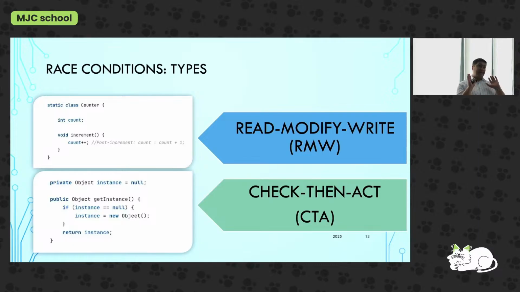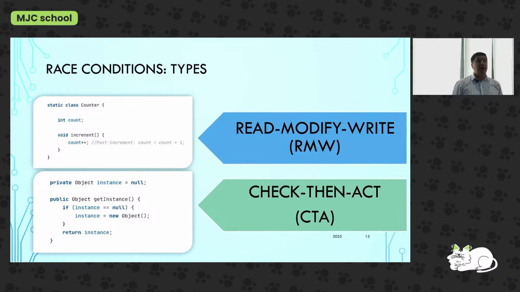There are two categories of race conditions, and in general they map onto two patterns. The first is read-modify-write. For example, a post increment actually does read, modify, and write. Meanwhile, if some thread does a read, another thread may already have modified the value, so you will have inconsistent data.